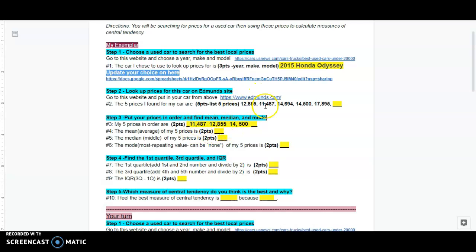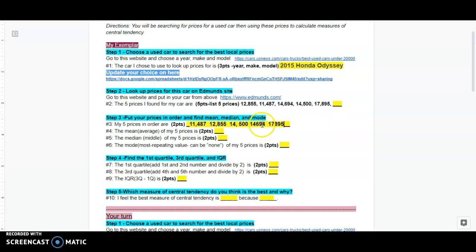So I thought that this 11,000 was the cheapest, and then the 12,855, and then the 14,500. So then the next one that I think is cheap is going to be the next highest, 14,694, and then the 17,895.